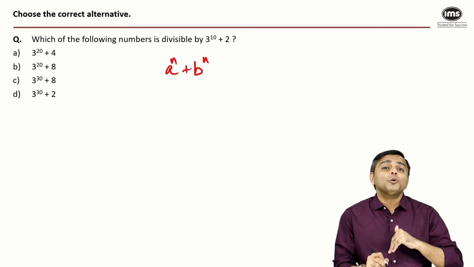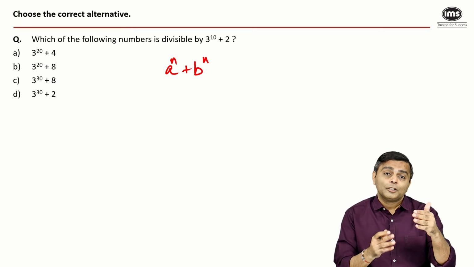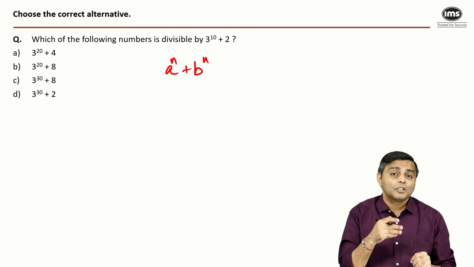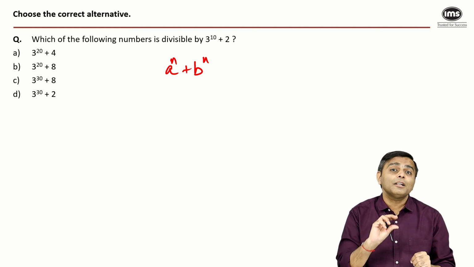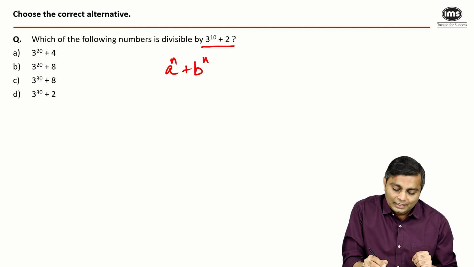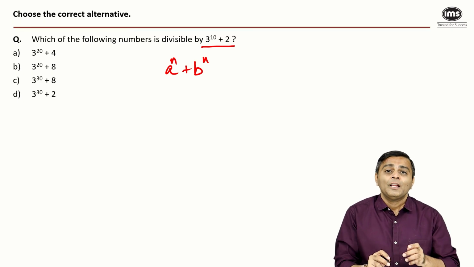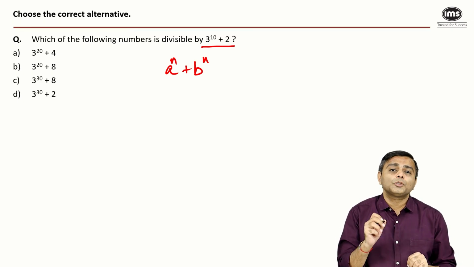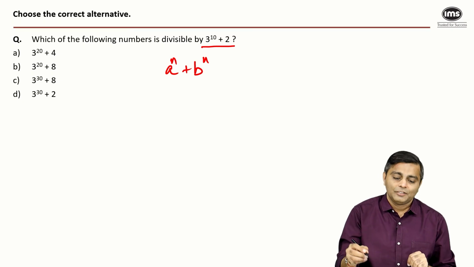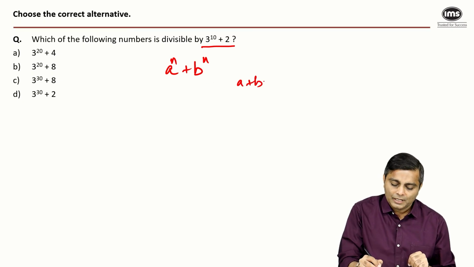So if I am able to write the options as A raised to n and B raised to n, where these are our A and B, 3 raised to 10 and 2, then I think we should be able to do it. See, the funda is very simple: A raised to n plus B raised to n is divisible by A plus B when n is odd.